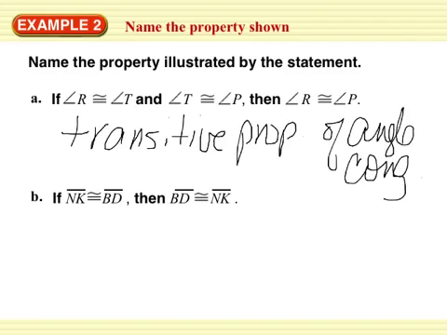B. If segment NK is congruent to segment BD, then segment BD is congruent to segment NK. That is the symmetric property, sorry about that.